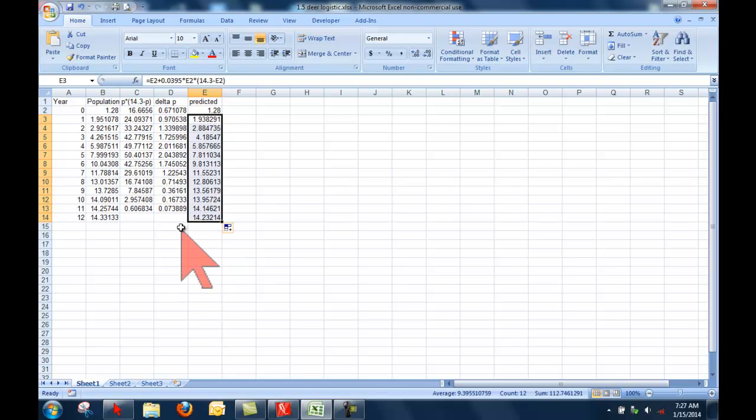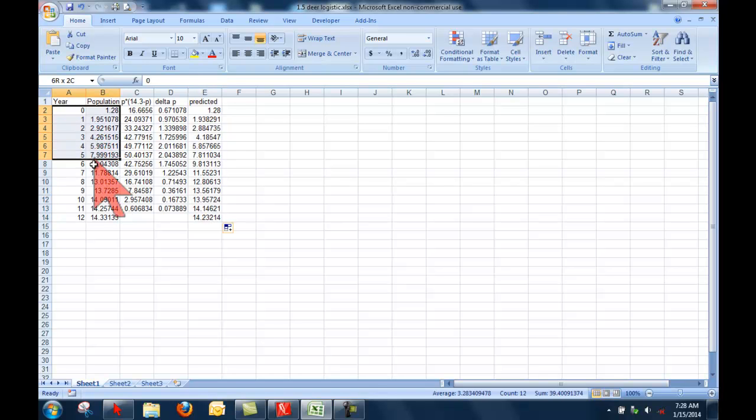So now the second column, column B, has the actual populations. The fifth column, column E, has the model's predicted populations. Question: how accurately do the predicted agree with the actual populations?